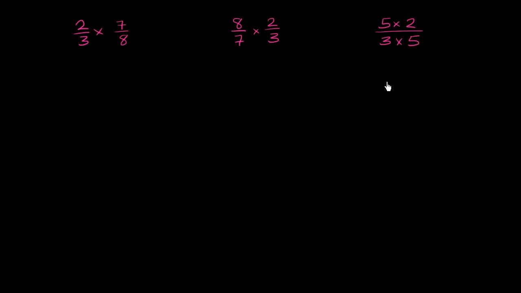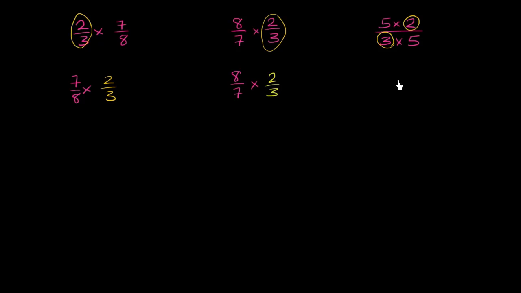Now you might have taken a shot at it, and I'll give you a little bit of a hint in case you had trouble with it. All of these involve multiplying something by 2 thirds, and you see a 2 thirds here, you see a 2 thirds here, and it might not be as obvious, but you also see a 2 thirds here. And let me rewrite that to make it a little bit clearer. So this first expression could be rewritten as 7 over 8 times 2 thirds. This second expression is already written as 8 over 7 times 2 thirds.